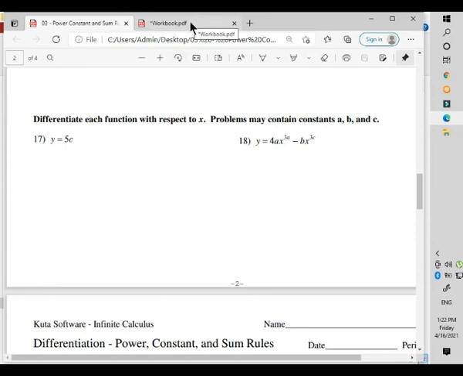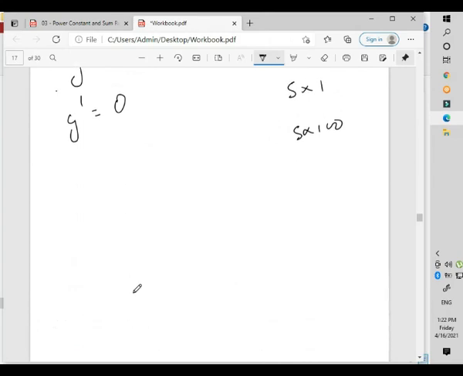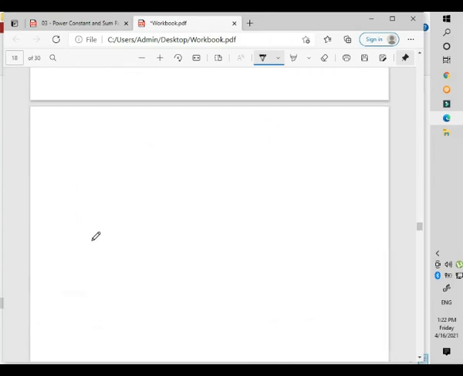And the last one, y is equal to 4a x to the 3a minus b x to the 3c. So let me write that down quickly. So y is equal to 4a x to the 3a minus b x to the 3c.